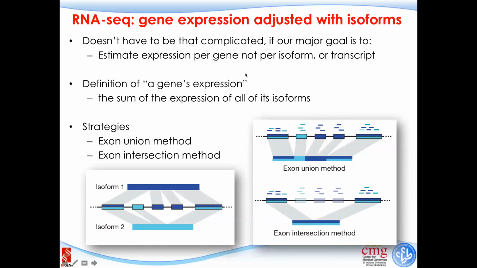So once we get the counts mapped to the gene, we know the gene is not just a simple line with some exons. And we know there are certain isoforms, and sometimes we know what each isoform is. So how to count the gene expression? We just want to count the average gene expression.